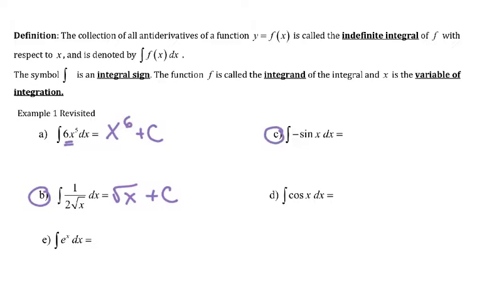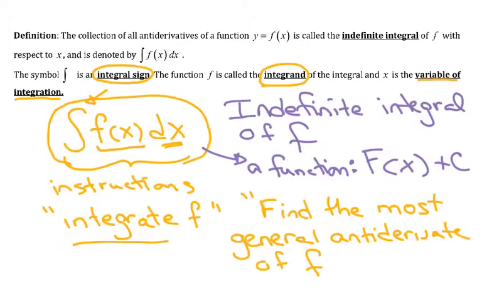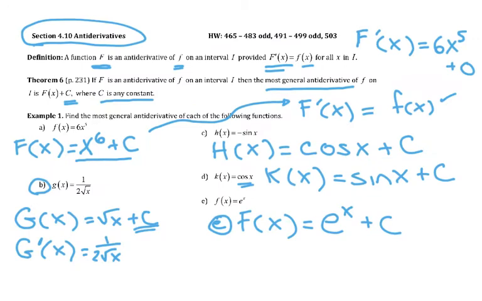For part c, we know this is cosine x plus c. D is sine x plus c. And e is e to the x plus c. So this was asking exactly the same question as in example 1. Find the most general antiderivative. We just did it in a different way with different notation.